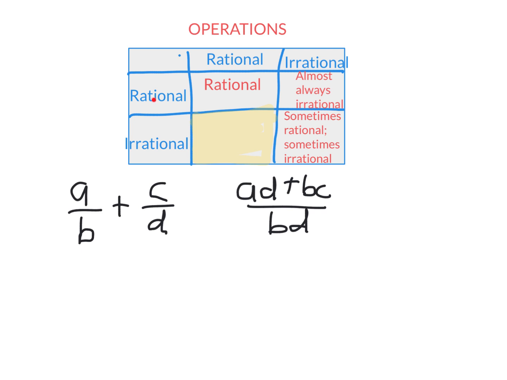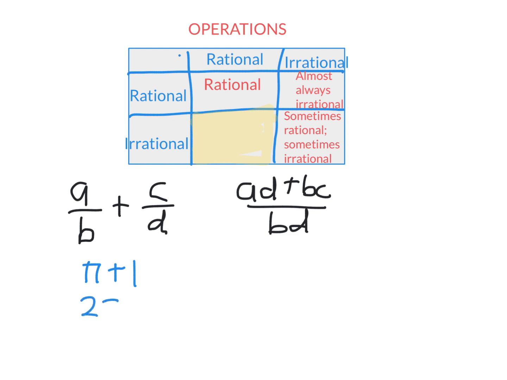But what about when you're performing operations with rational and irrational numbers? Well, I said it's almost always irrational. So if you have something like pi, you know that pi is irrational. If you add 1 to pi, it's not going to change the fact that the decimal is neither terminating nor recurring.